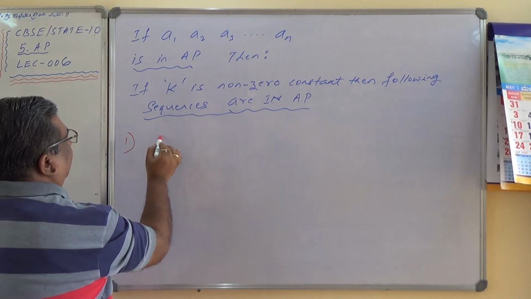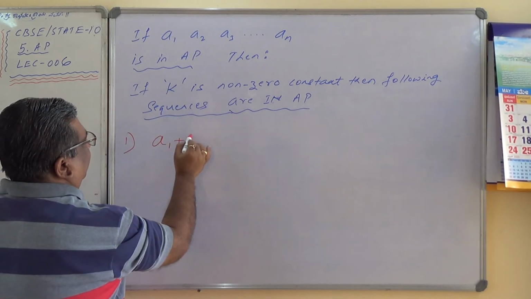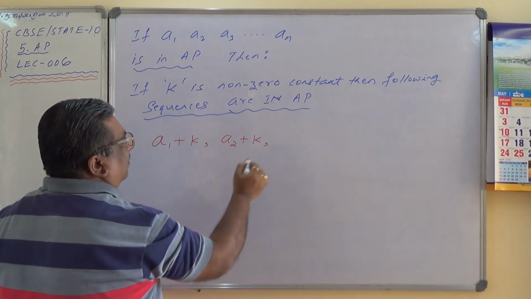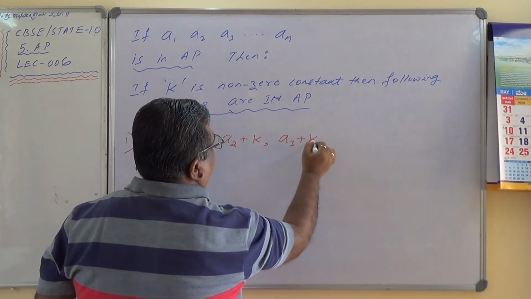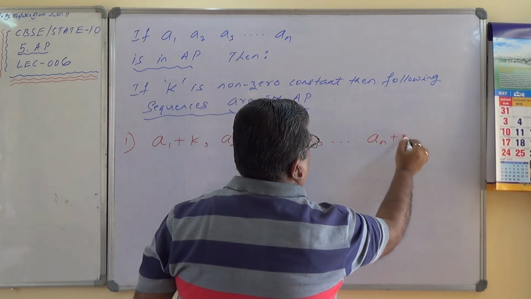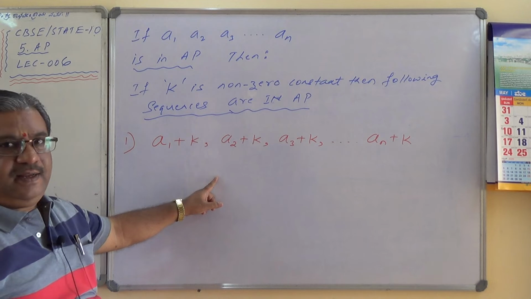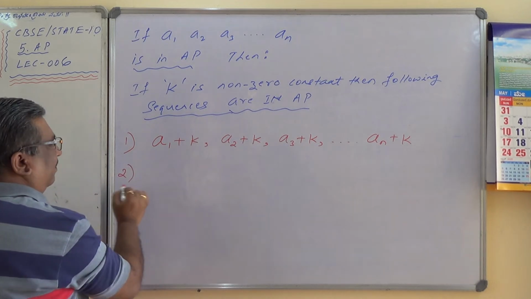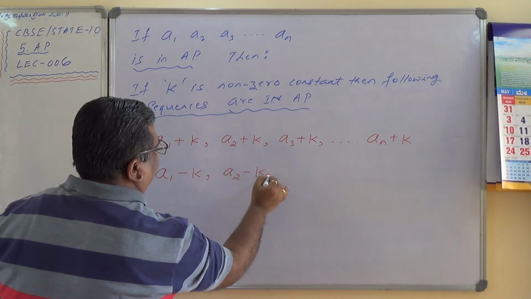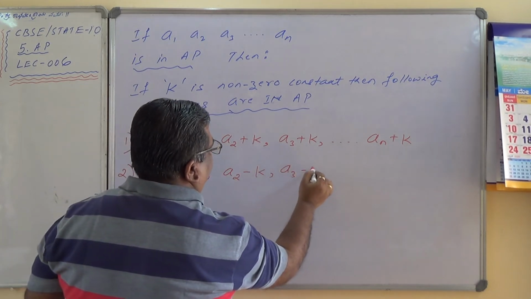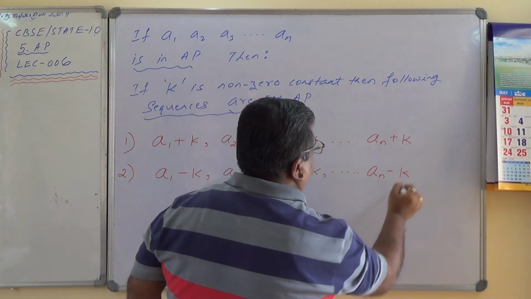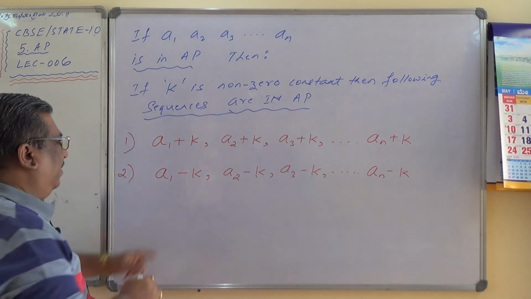First one, a1 plus k, a2 plus k, a3 plus k, an plus k. The resulting sequence is also in AP. Second one, a1 minus k, a2 minus k, a3 minus k, an minus k. This sequence is also in AP.